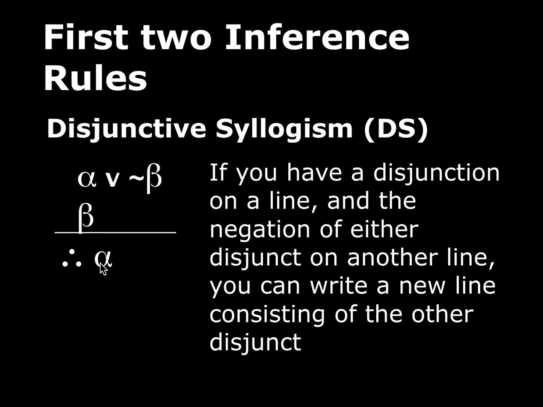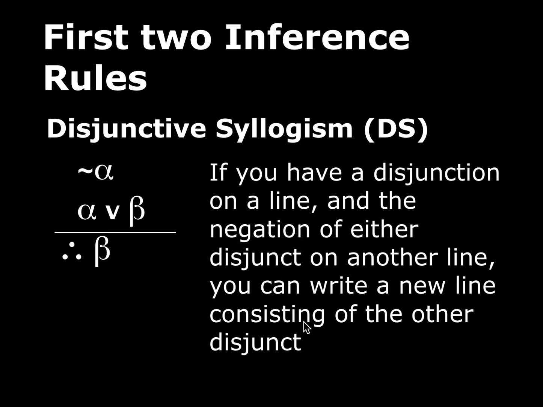Okay, so those are the first two rules. Let's see, before I move into examples, one other thing. In all of the schematics so far, the disjunction has been above the negated disjunct, but that doesn't matter, right?